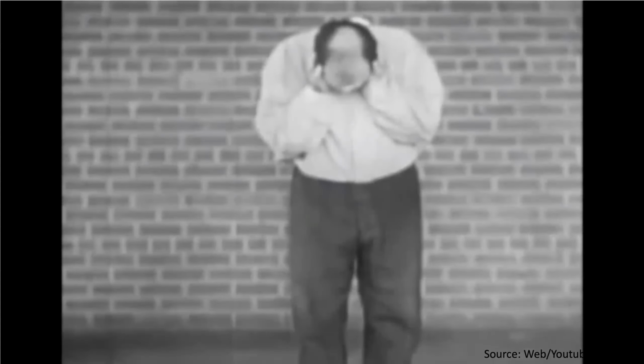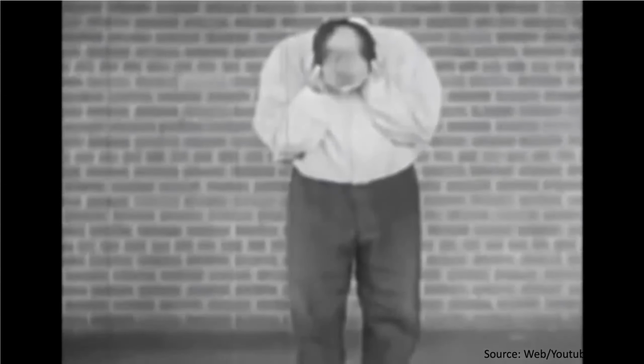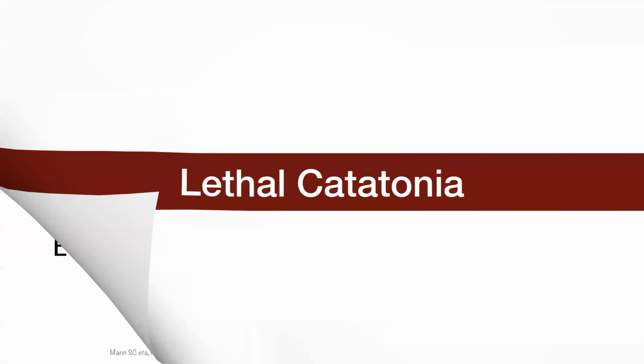Now, what are we seeing there? This is a historical video of patients who were aggressive, running around, staying in a mental care center, or standing in a stable posture for hours and hours without moving a bit. What we are seeing now is called lethal catatonia.